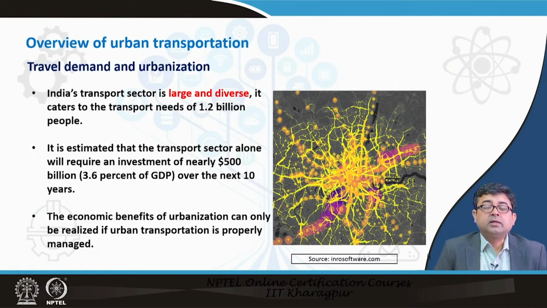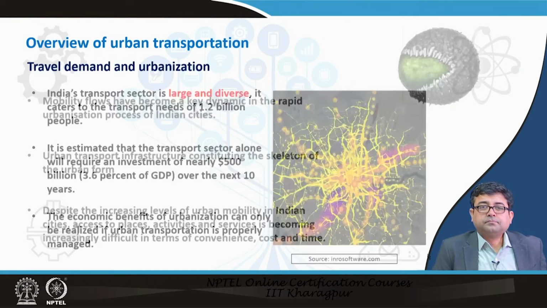So, urban transportation plays a big role in the economy of the nation, and if the transportation system is smooth and provides good quality of service, then the economy invariably improves. That is how, on a very broad scale, if anybody asks you how urban transportation impacts the economy, you can explain it in that manner.